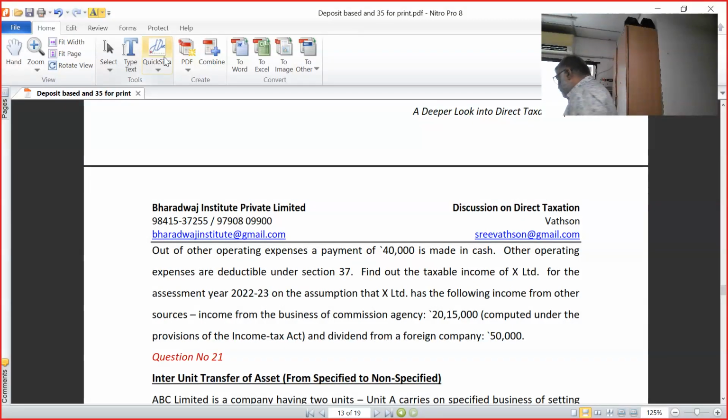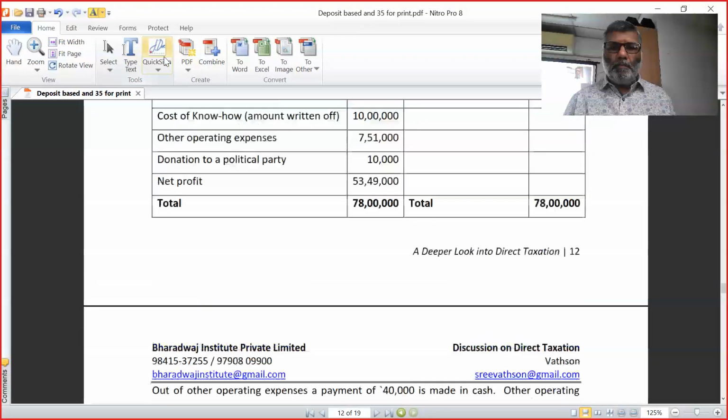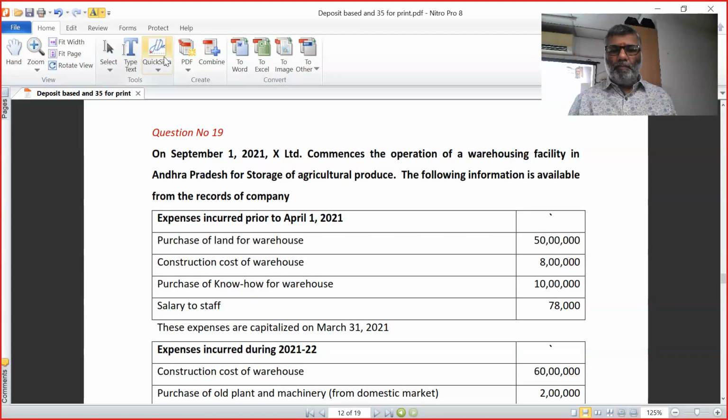Read through once. Lot of things to understand on a holistic basis.